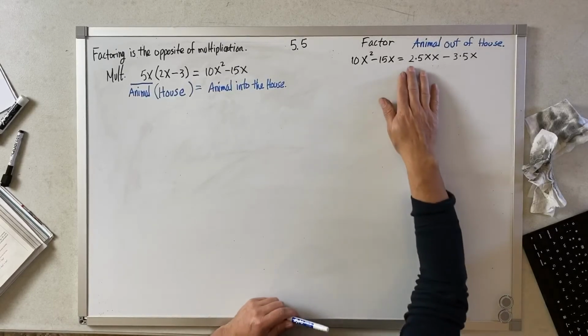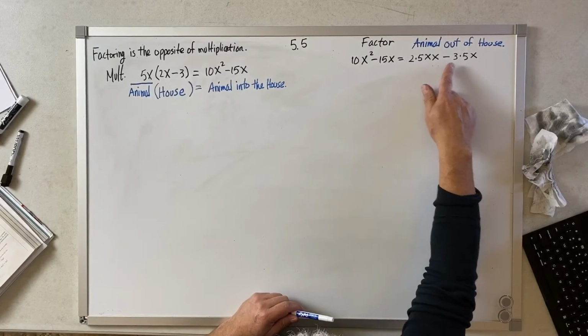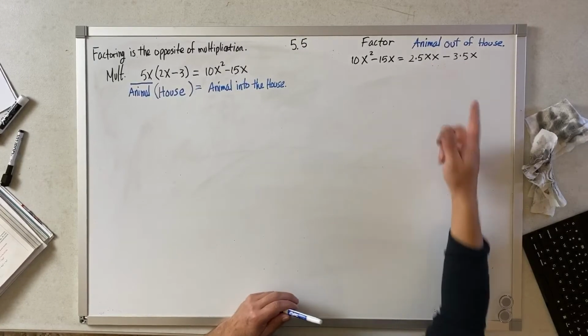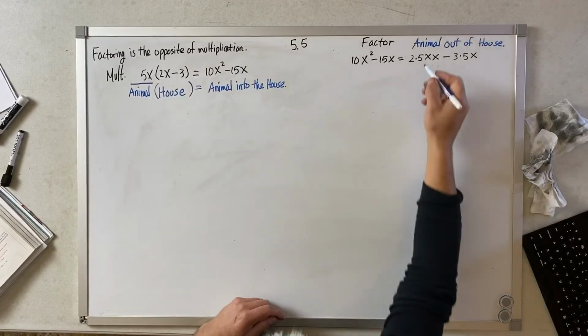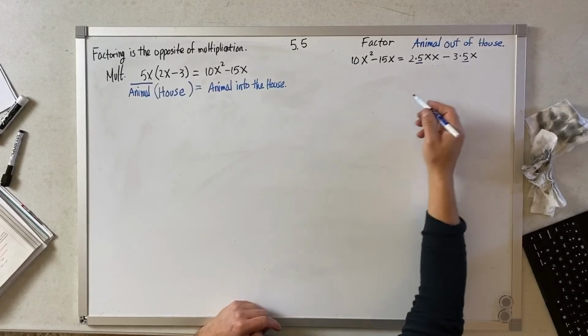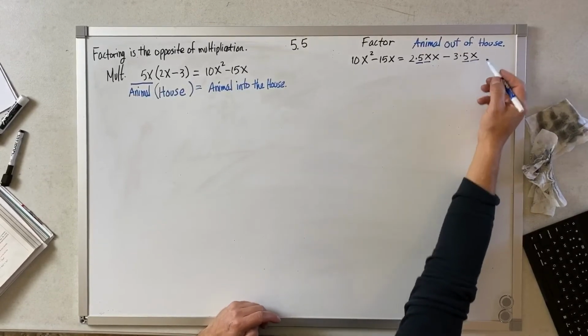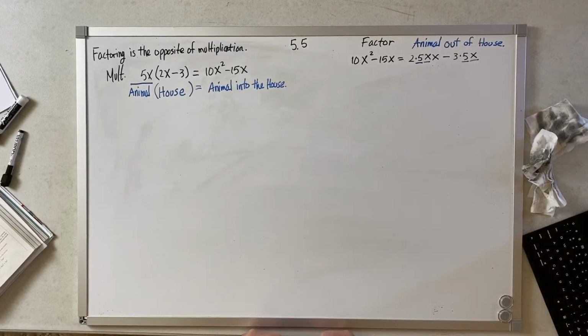So what do 2 times 5 times x and 3 times 5 times x have in common? A 5 is in common and a 5 is in common. And x is in common and x is in common. So the animal is 5x. Does that make sense?